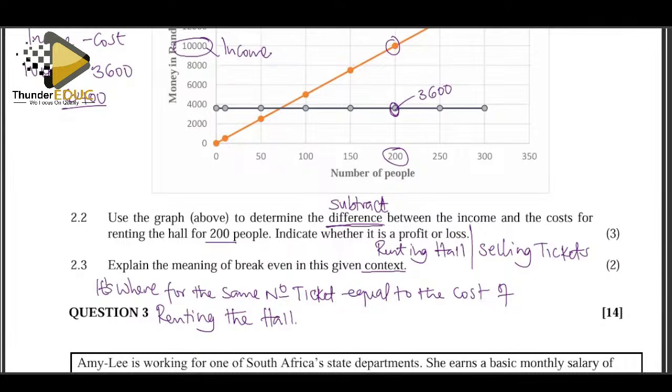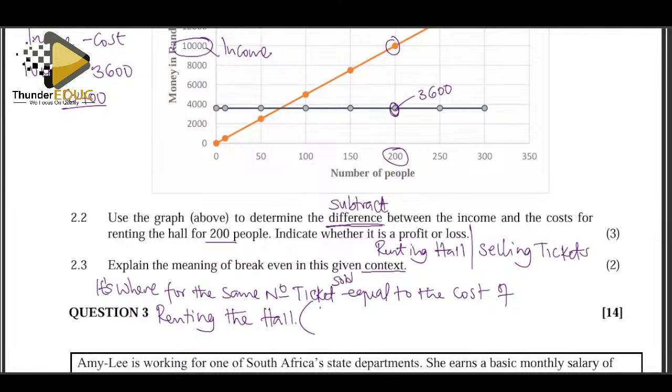Yes, and we are saying it's where, for the same number of tickets sold, the income received equals the cost of renting the hall.